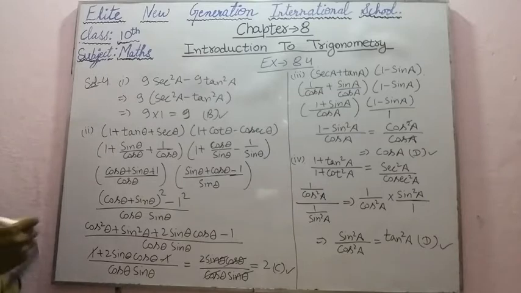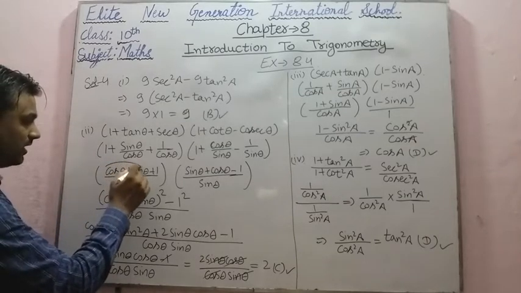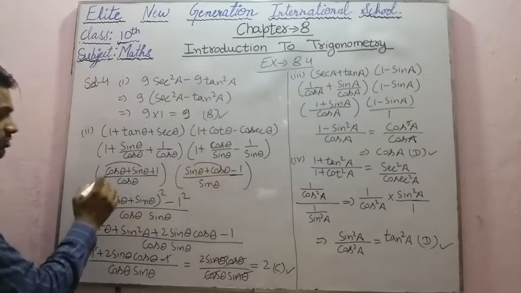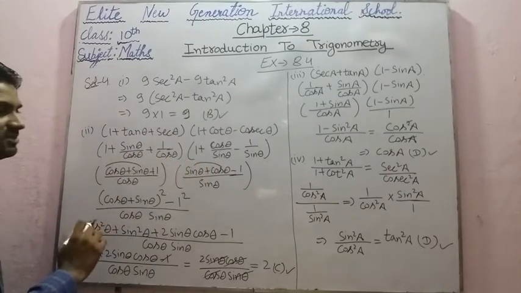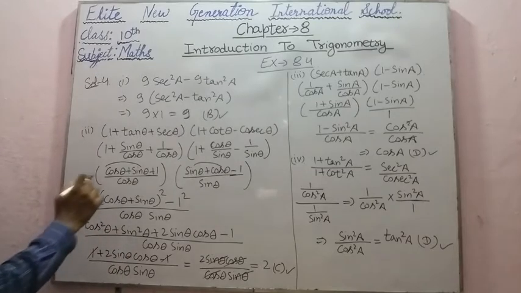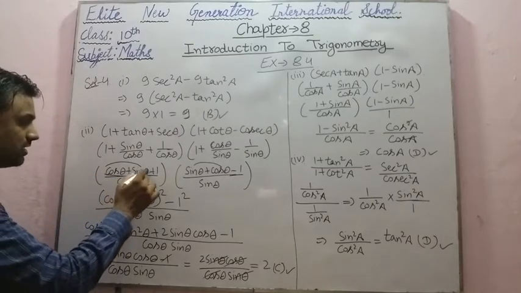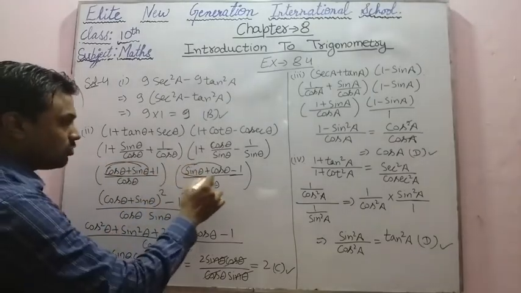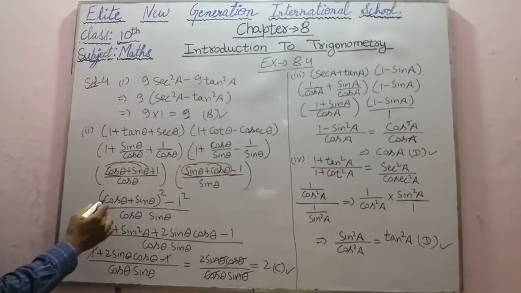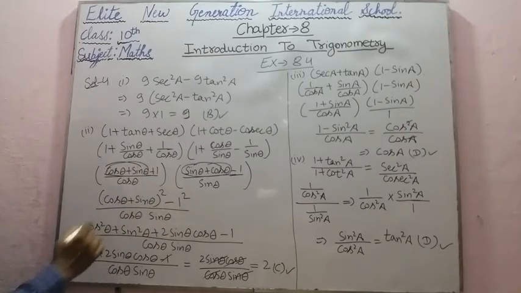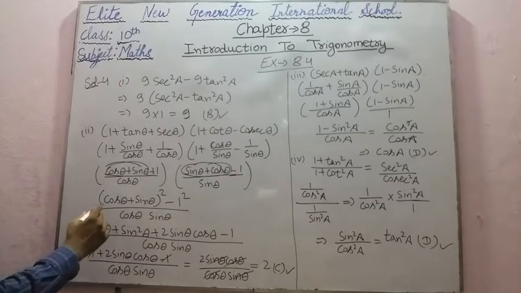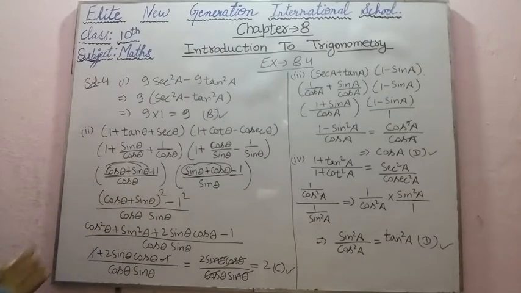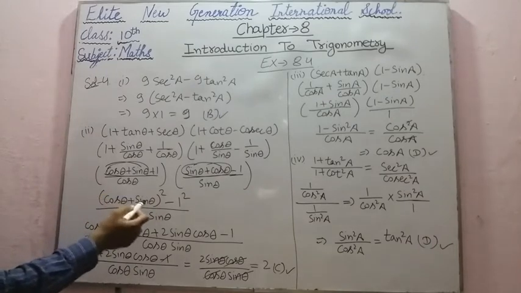Now after this, by using the formula, this will be (a plus b) and (a minus b). So here a is cos theta plus sin theta. So the identity of (a plus b)(a minus b) will be a square minus b square. So here we are considering cos theta plus sin theta as a in both places. So it will be (cos theta plus sin theta) whole square minus 1 by using the identity a square minus b square, upon cos theta sin theta. So here, opening this by using the formula (a plus b) whole square, it will be a square plus b square plus 2ab.